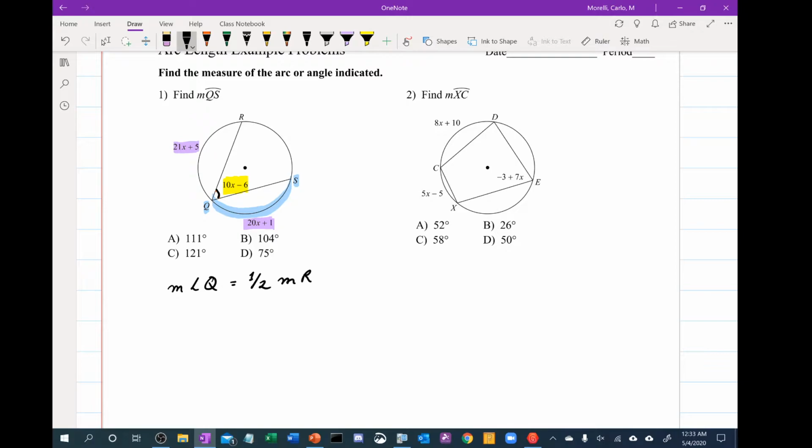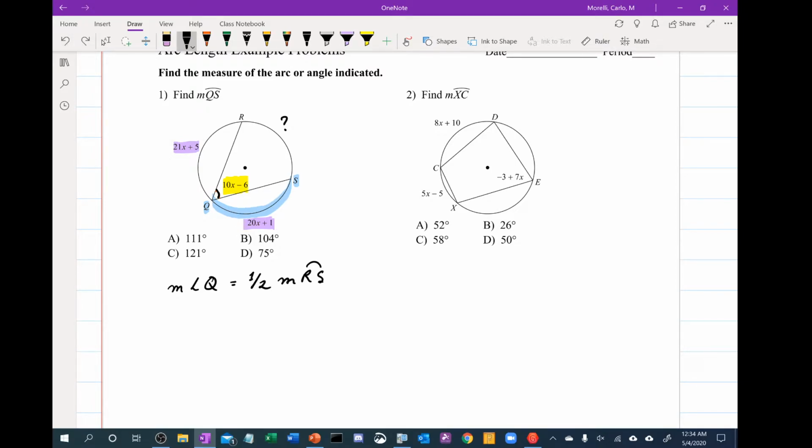So that's RS. Well, what's RS? We don't know, but we can figure it out, because whatever RS is, it has to be 360 degrees minus this minus this.